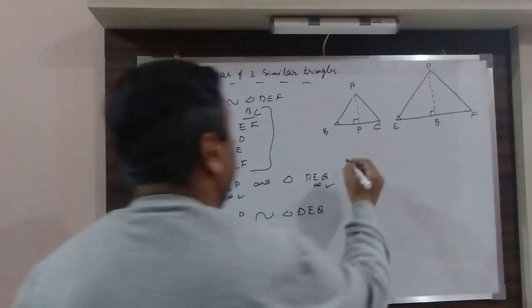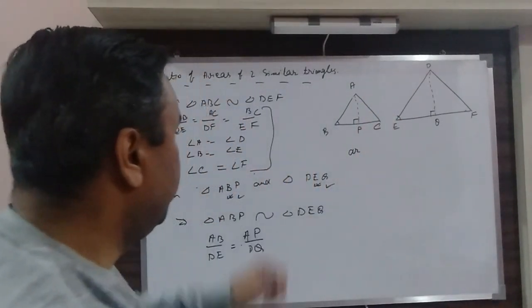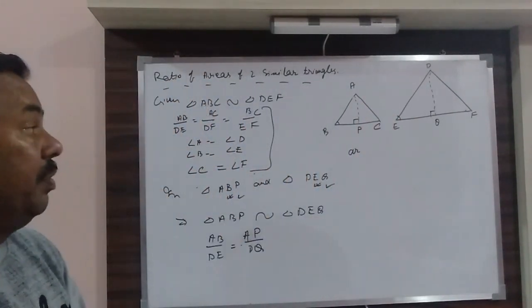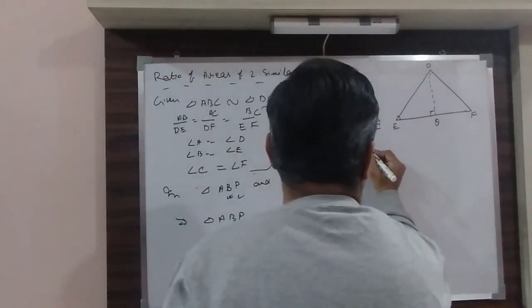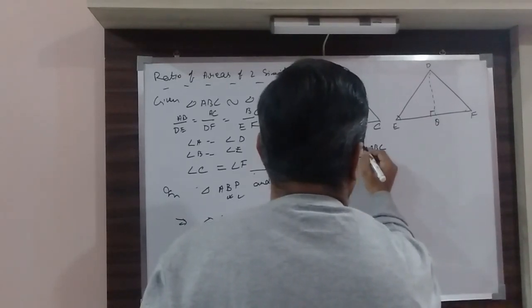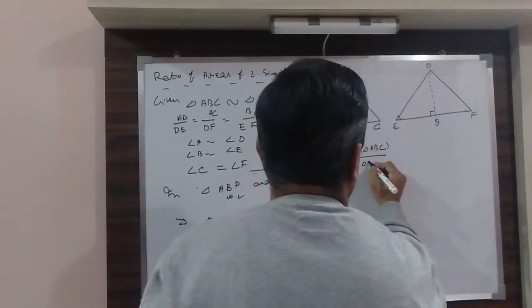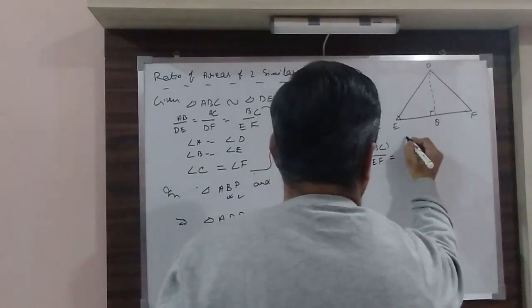Now what will be the ratio between the areas? The ratio of area of triangle ABC divided by area of triangle DEF will be equal to what?